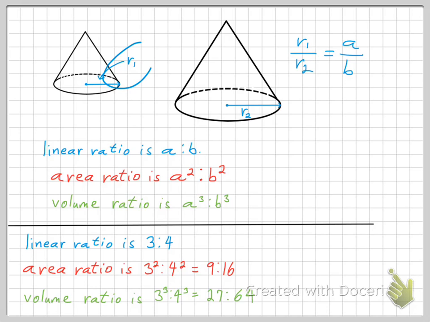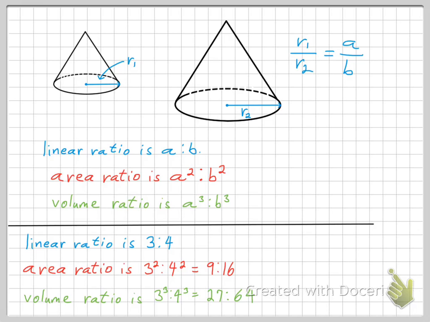So if the ratio of these two radii is 3 to 4, just as an example, then the ratio of their volumes is not 3 to 4, it's 27 to 64. It's the cube of each one. It would be A cubed over B cubed. And that's really important. You need to remember that in order to solve these problems.